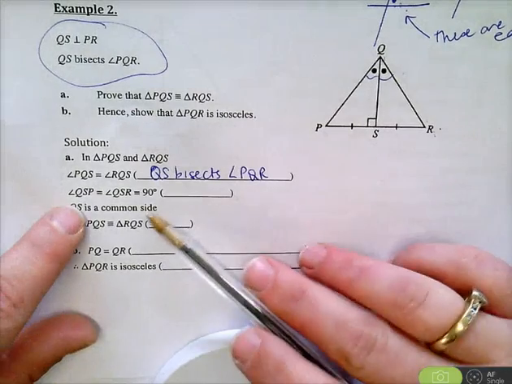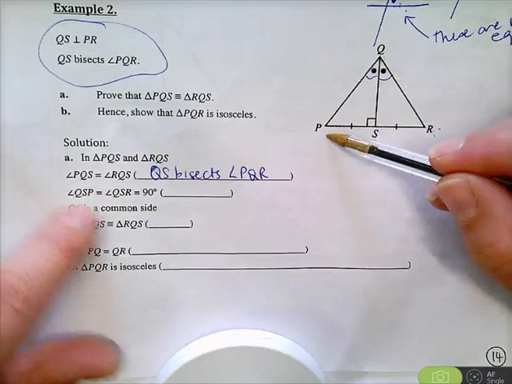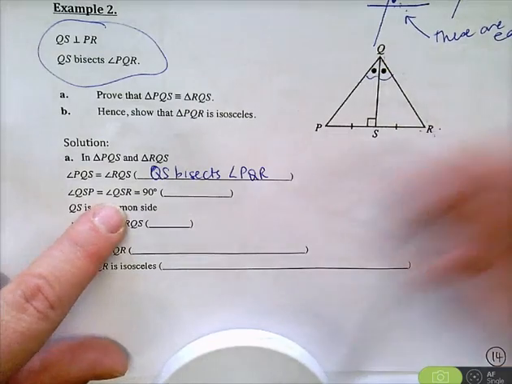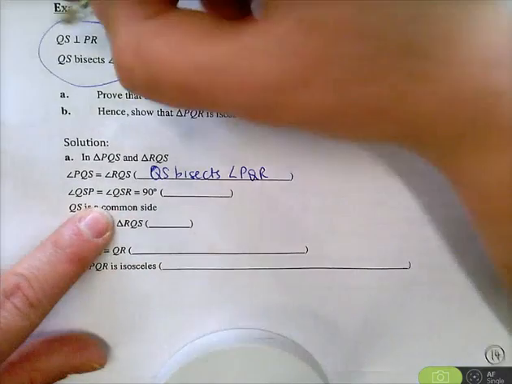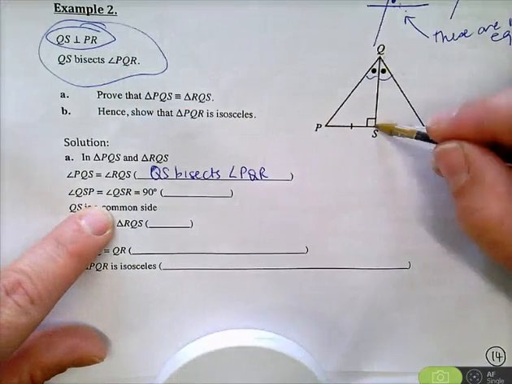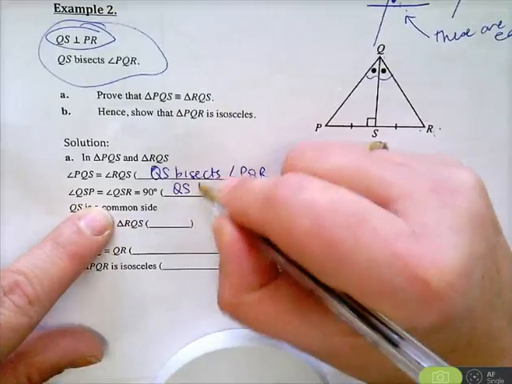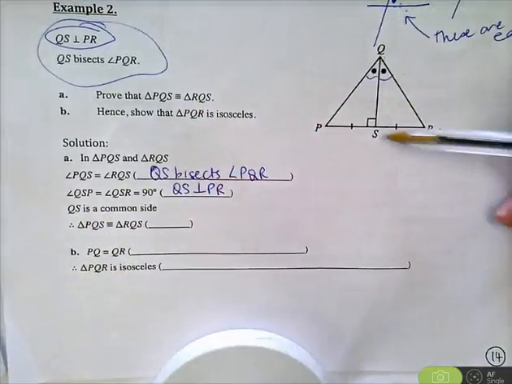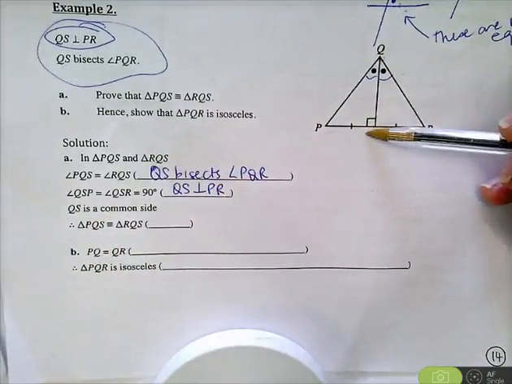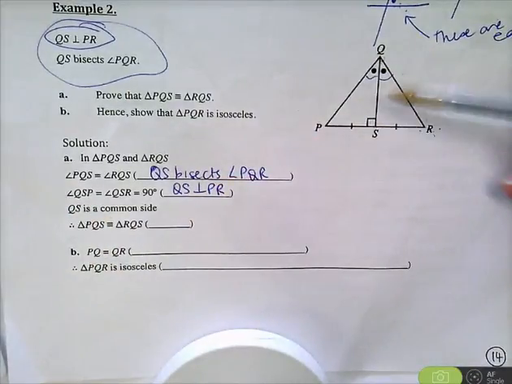Okay? The next bit, angle QSP is equal to angle QSR, which is 90 degrees. Reason: QS is perpendicular to PR. Now, you might say, but Miss, the right angle symbol's only on one side.